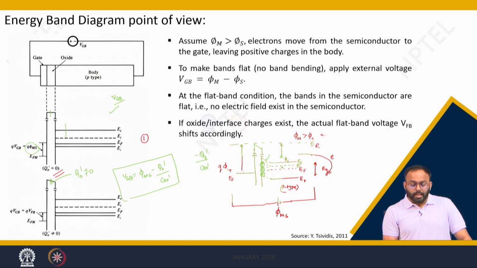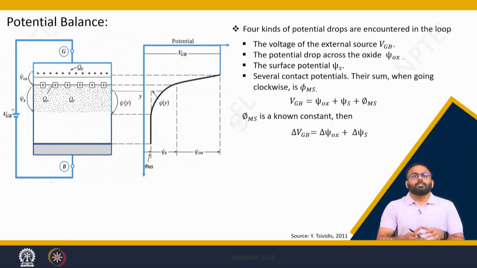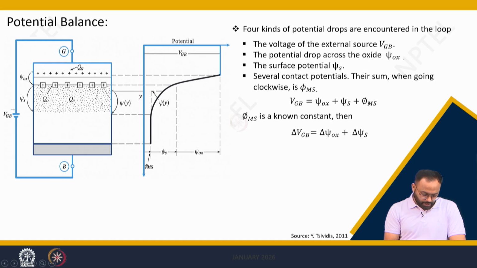So, after this, we will see what is the potential and charge balance equation in our MOS cap. In our MOS cap, which is a layered structure, this is metal, this is an oxide, and this is a semiconductor.